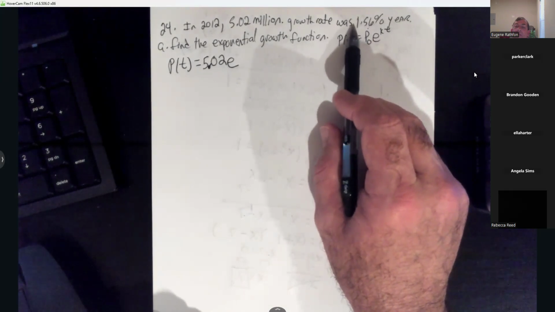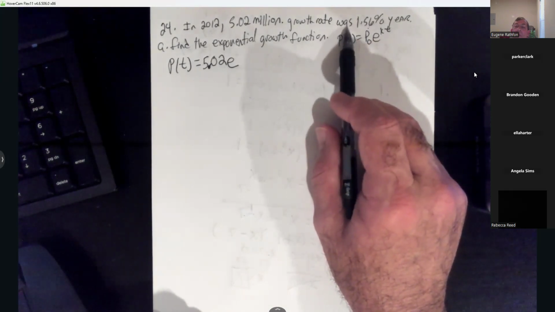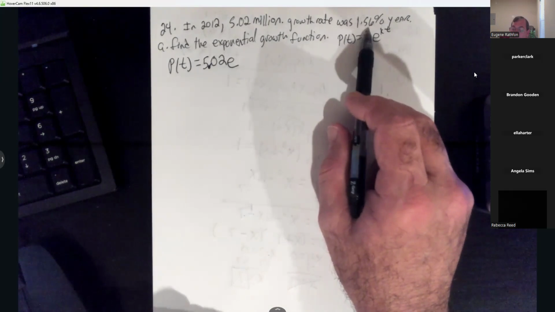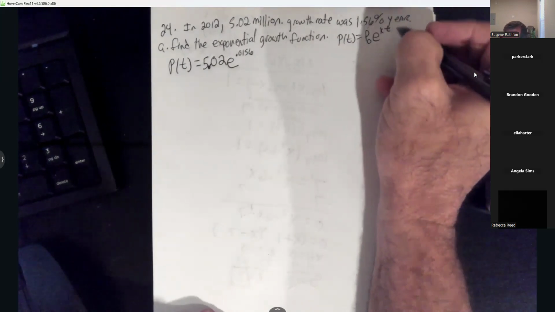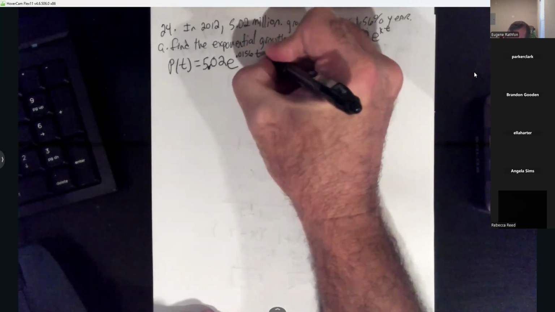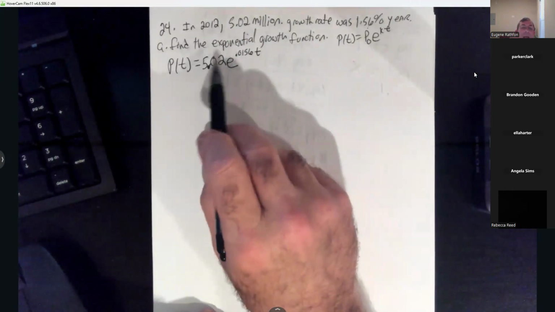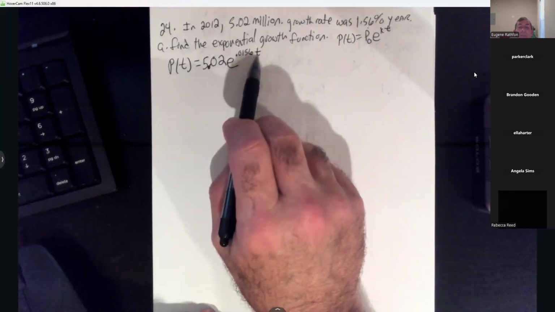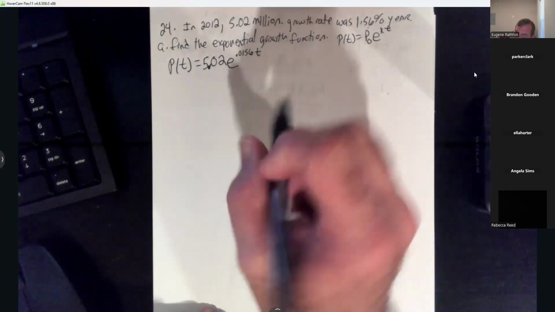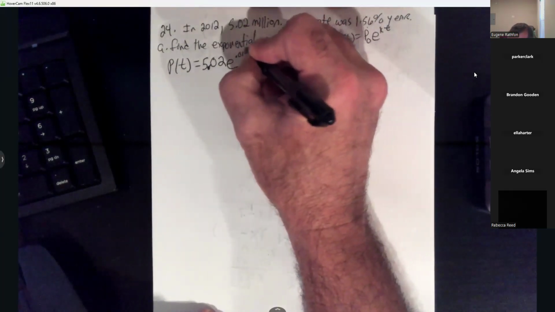So if you go left twice, you're going to get 0.0156. So put in your 0.0156, and then that'll be times t for time. I can use this formula to find the population at any time t. This is what MathLab is going to want.